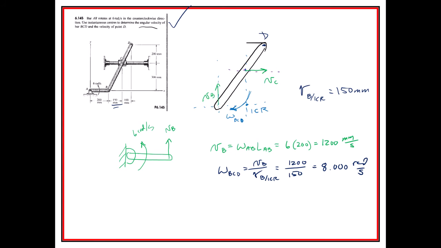So in doing that, you could actually ask the velocity of C. If you wanted the velocity of C, you're just going to get omega BCD times R C with respect to ICR.